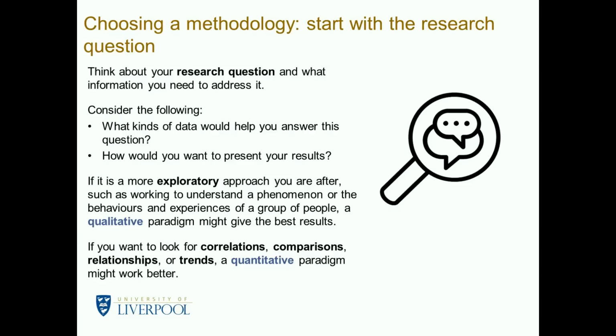That groundwork will certainly form the base of which and how you will potentially address your own research area. So think about your research question and what information you need to address it. So considerations include what kinds of data would help you answer this question, how would you want to present your results.